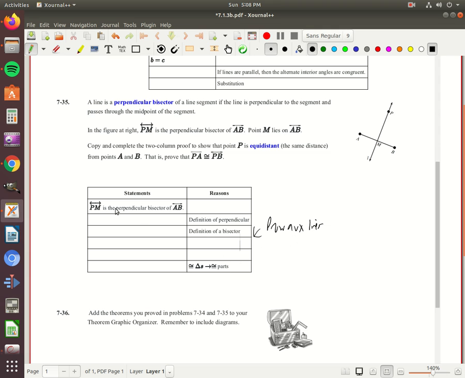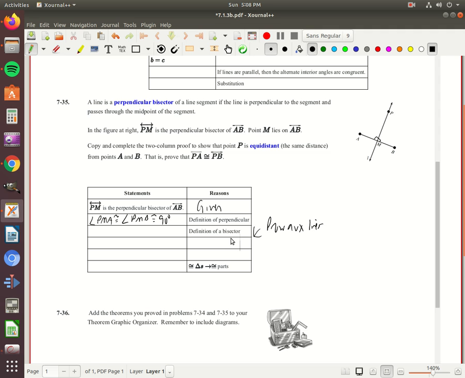All right, so hopefully you did. It says PM is the perpendicular bisector of AB. I know that because it's given. Now, something is true because it's perpendicular. Well, I think that would be these are 90-degree angles. So I'm going to say angle PMA is congruent to angle PMB, and that's congruent to 90 degrees, and that's the definition of perpendicular.